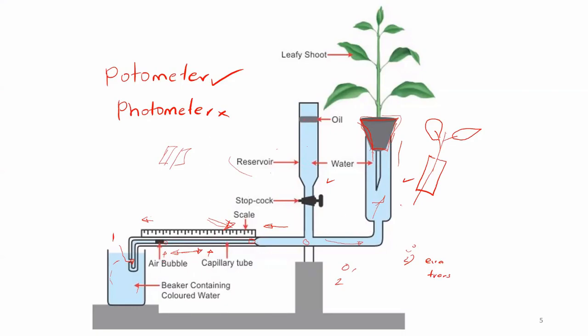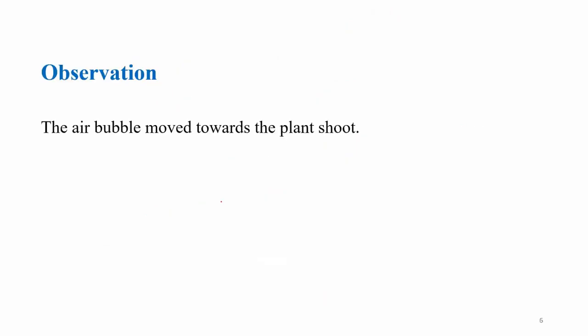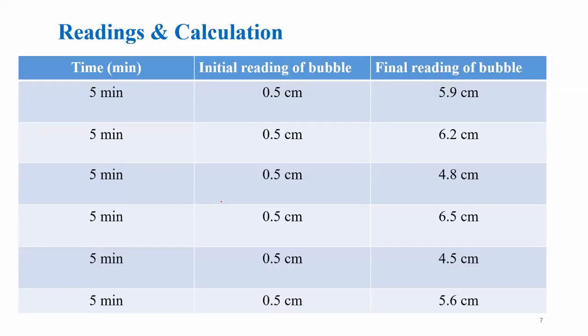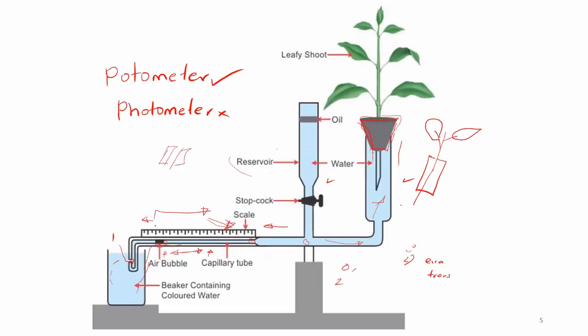So the observation: air bubbles move towards the plant shoot. Then for the reading, we take the initial reading, the same, 0.5 centimeter, and after 5 minutes the final reading should be 5.9 centimeter.